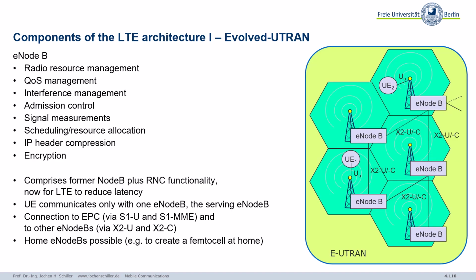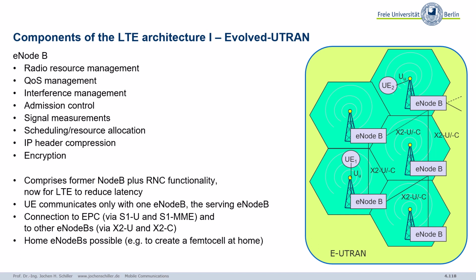Let's have a closer look. The Evolved-UTRAN contains only the E-Node Bs. There are no more controllers, and the E-Node Bs are now responsible for radio resource management, managing quality of service, interference, controlling admission, who is allowed to participate in the network, and signaling the measurement of the signal strength.